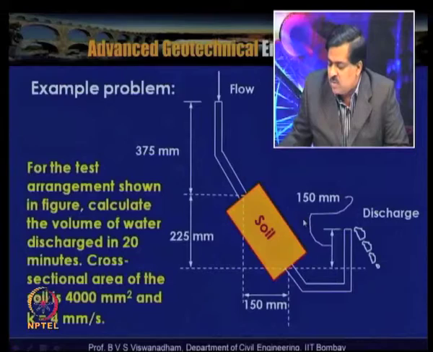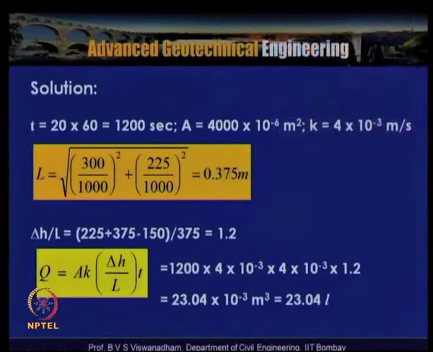So the solution for this problem works out like this. We need to estimate the amount of flow which takes place in 20 minutes. So by converting 20 minutes into seconds, 20 into 60, 1200 seconds, and the area of the cross section perpendicular to the flow direction, which is given as 4000 mm square, can be converted into 4000 into 10 to the power minus 6 meter square, and the permeability of the soil in meter per second is 4 into 10 to the power minus 3 meter per second.